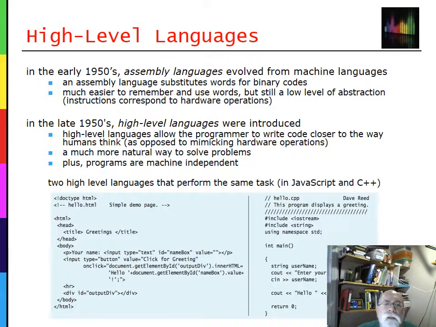In this slide, they're showing you an example of a JavaScript asking you to do something, and here it is in the same request, but in C++. You can see how there is a difference in the way the two languages work.